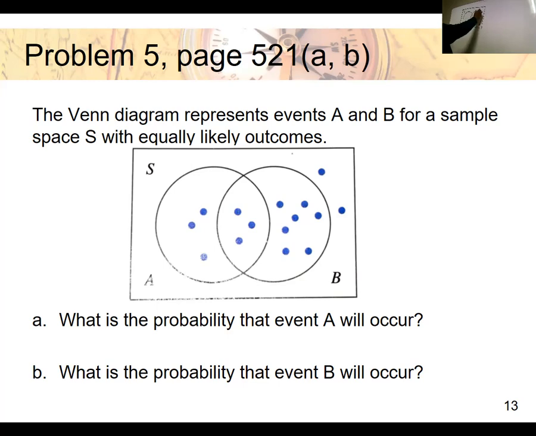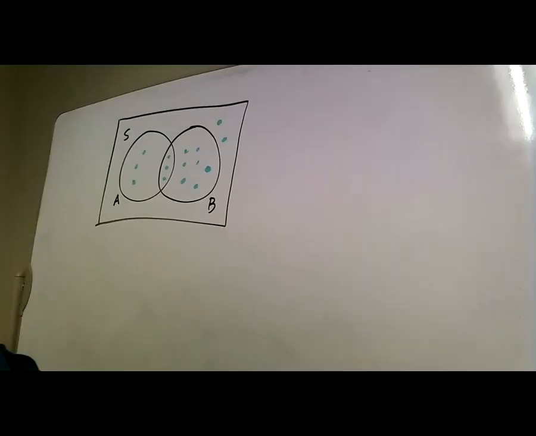Now, in that problem, they ask for what is the probability that event A will occur? And part B, what is the probability that event B will occur? Okay. So let's look at this.